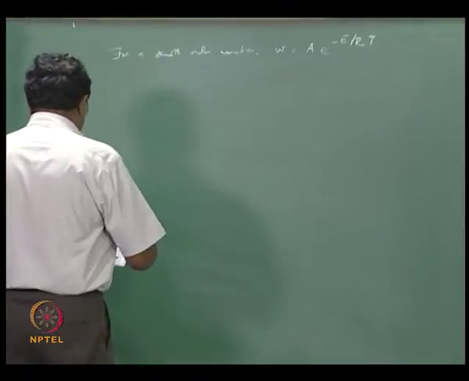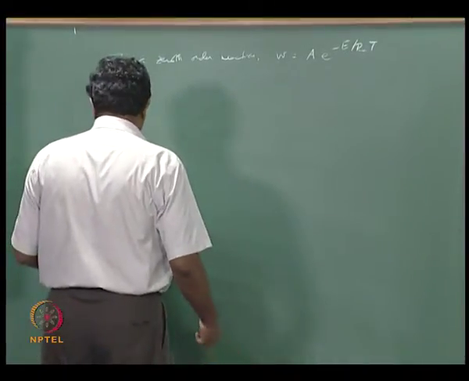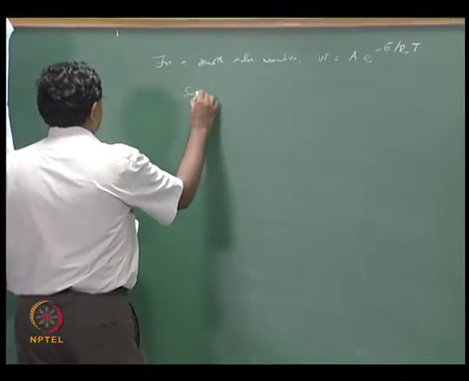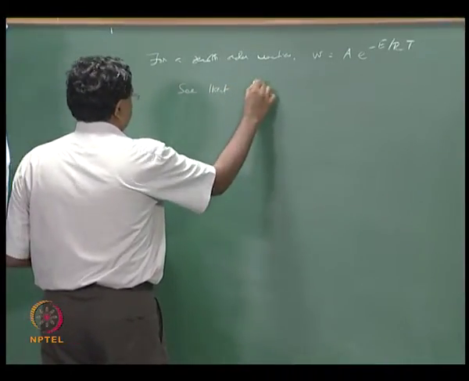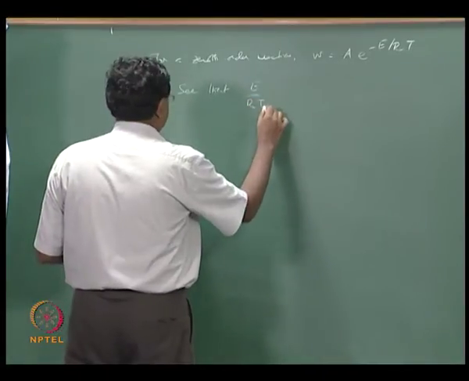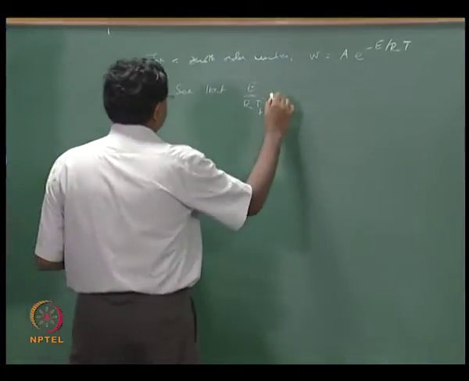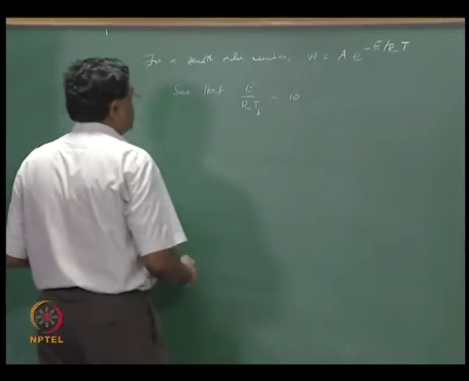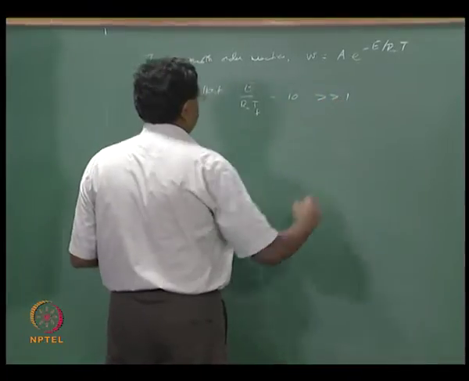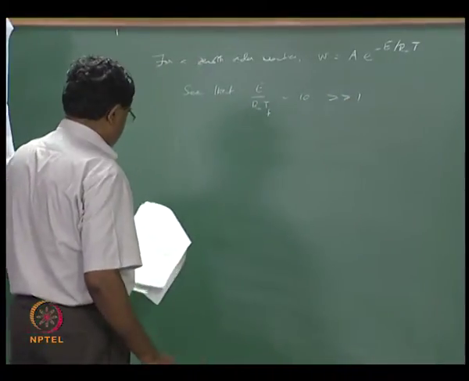Now, in this case see that E over RU TF, particularly TF, is typically a large value, which is around 10, which means it's one order of magnitude more than unity.